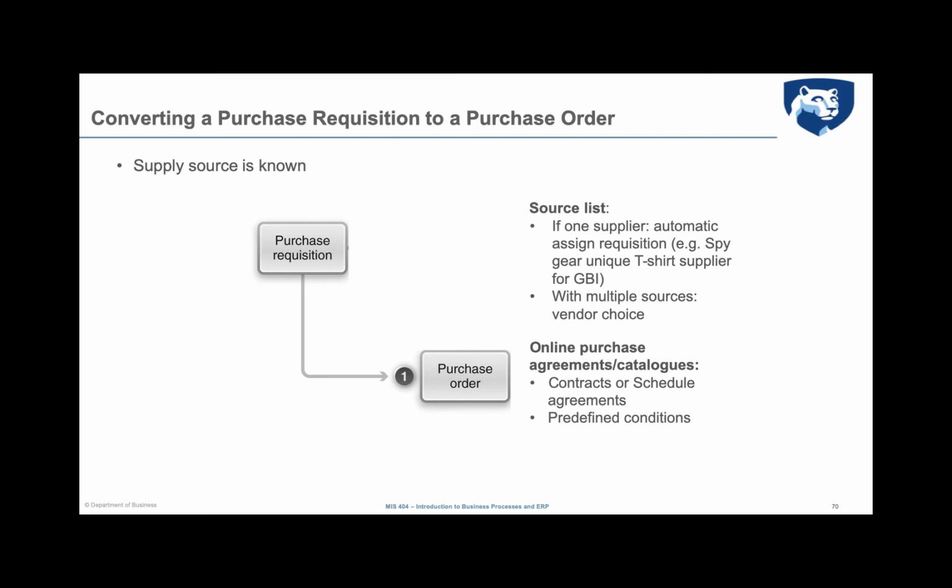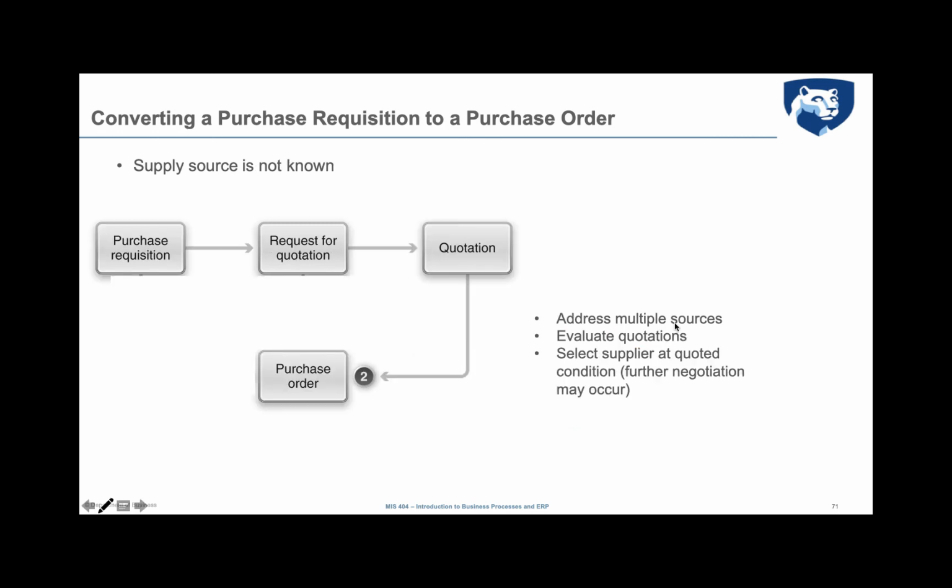There is a source list in SAP that can automatically assign the requisition to the supplier that is in charge, that is assigned through the purchasing info record to that category, and for which we have a contract in place with predefined conditions at a certain price or whatever. If there is, of course, more than one vendor, it's up to the user to identify a preferred one, or it's up to the purchasing department to decide to which one to assign this requisition and to refer the purchase order.